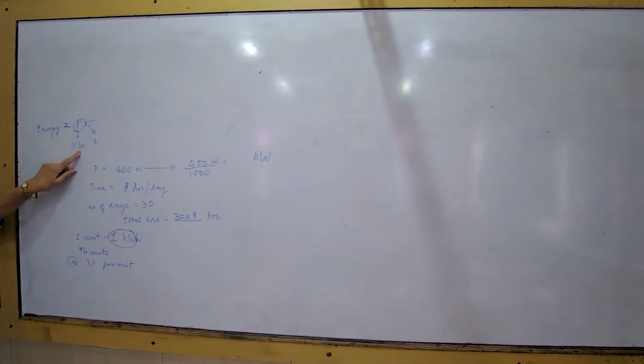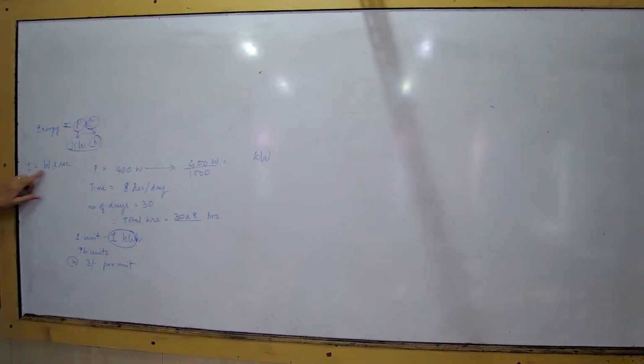Boys, look here. Instead of keeping it in kilowatt, you can keep it as watt and seconds. Convert the hours into seconds. So that will be watt seconds, which is joule. Did you understand? So energy is equal to power in watts, and time instead of hours kept in seconds.